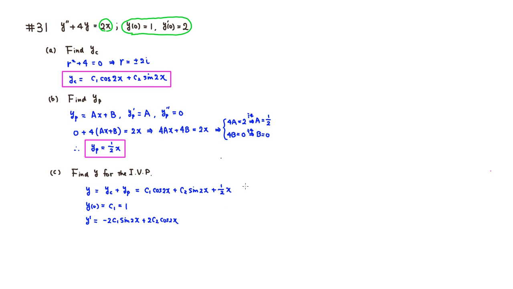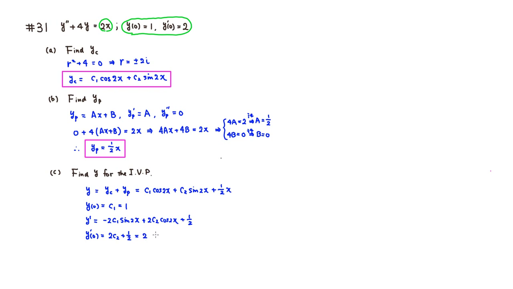And the derivative of 1/2 x is just 1/2. Then we plug in x equals 0. So y prime of 0 is equal to, sine of 0 is 0, and cosine of 0 is 1, so you have a 2C2, and then plus 1/2. And this is going to be equal to 2.